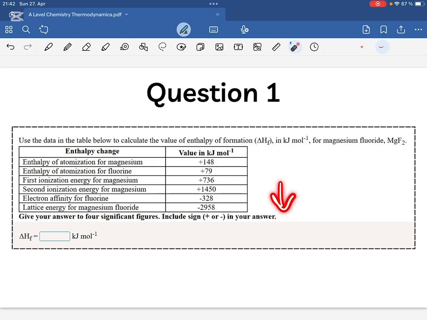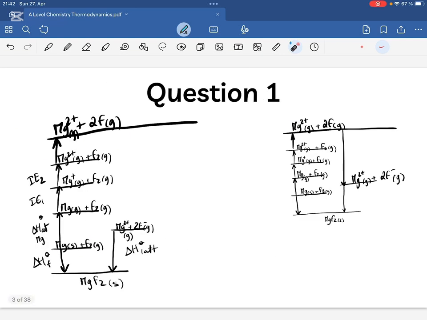So we need to put the arrow downward because it's a negative value. And so we have this one where we form F-. This one stands for the delta H atomization of fluorine, and this one stands for the electron affinity of fluorine.